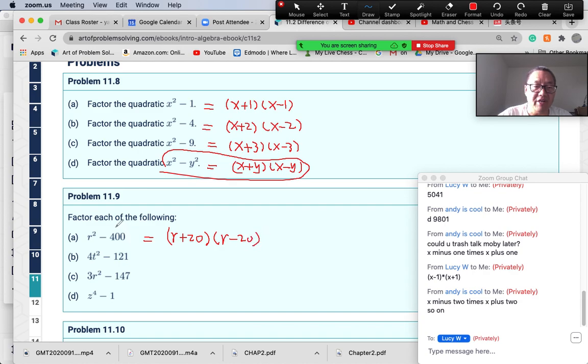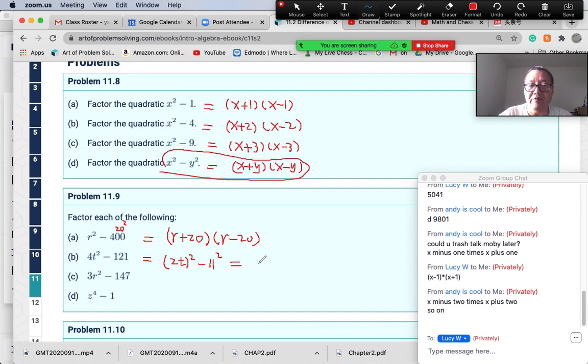Because this 400, you can write as 20 squared. So then you can use this formula, write it as (r plus 20) times (r minus 20). Now, second one. First, you can write this first term as (2t) squared minus 11 squared.